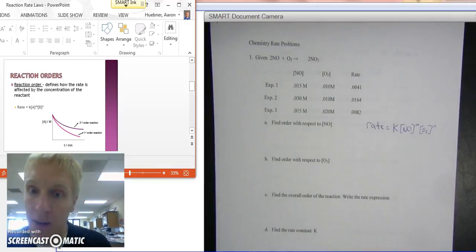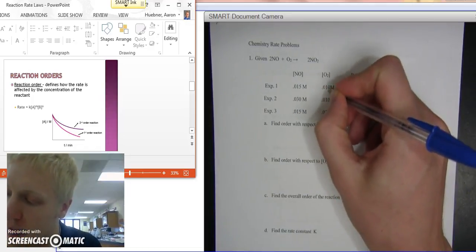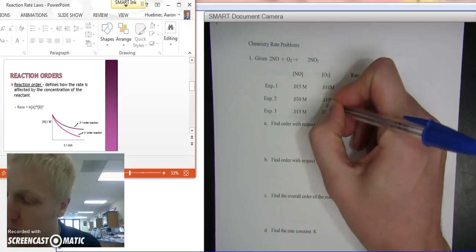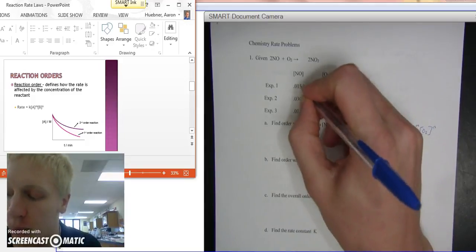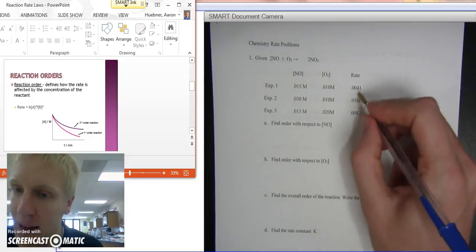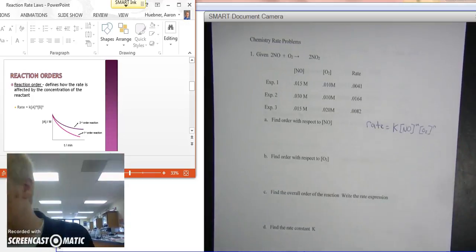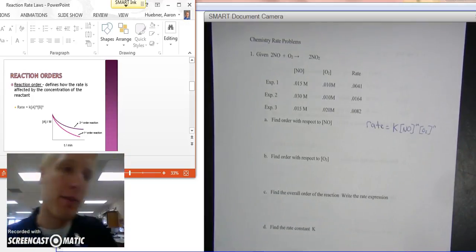So I'm going to have O2 be constant, so that's experiment 1 to 2, and the NO concentration doubles. So this doubling is going to impact the rate, and I have to see how many times my rate doubles.